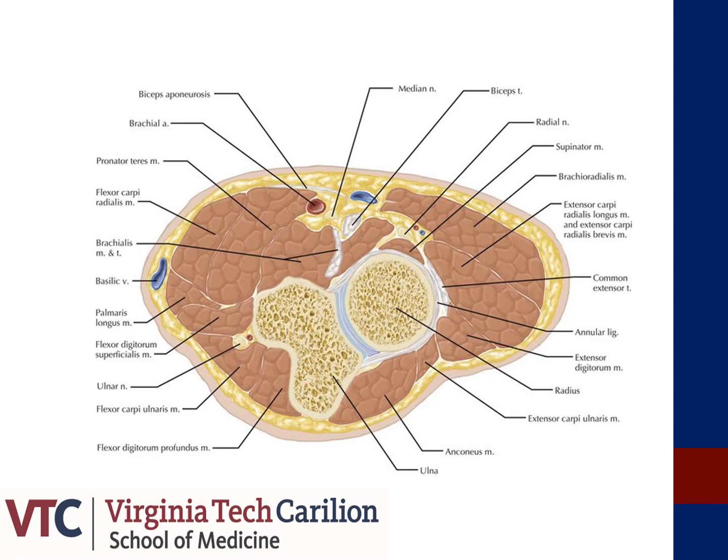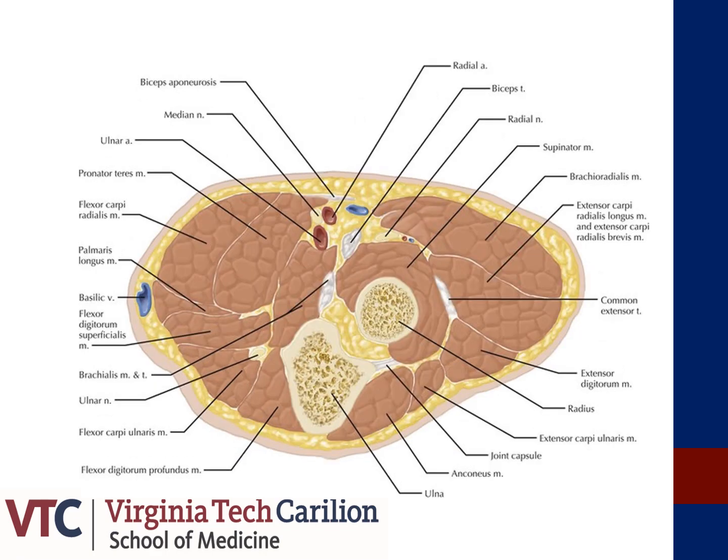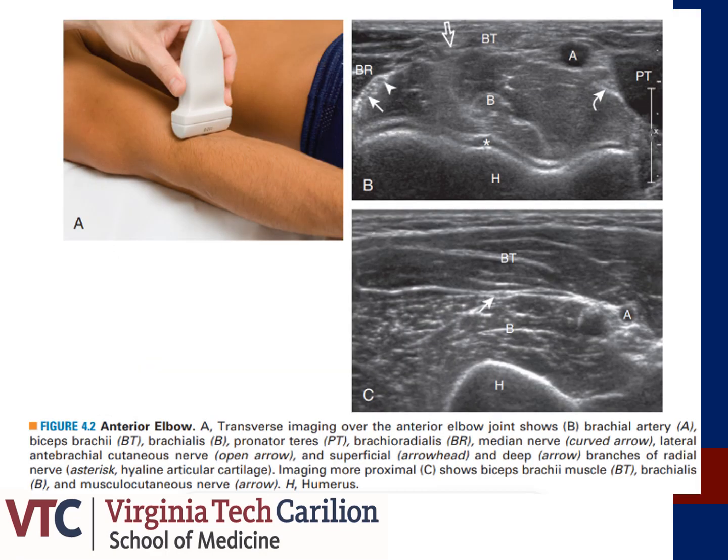I wanted to particularly highlight the relationship of the biceps as it approaches distally to its insertion on the radial tuberosity. Here are some ultrasound images of the antecubital fossa, just to refresh ourselves on what a normal anatomy would look like.